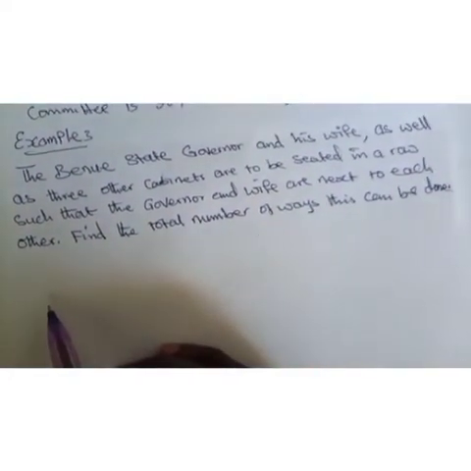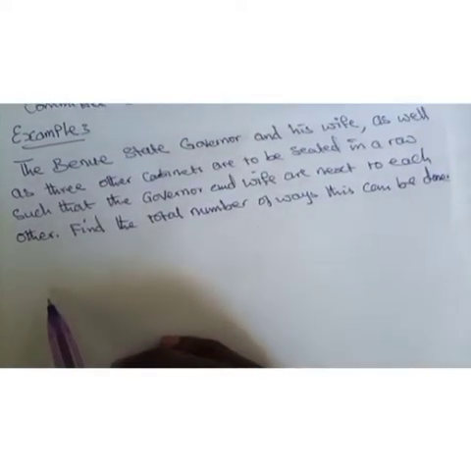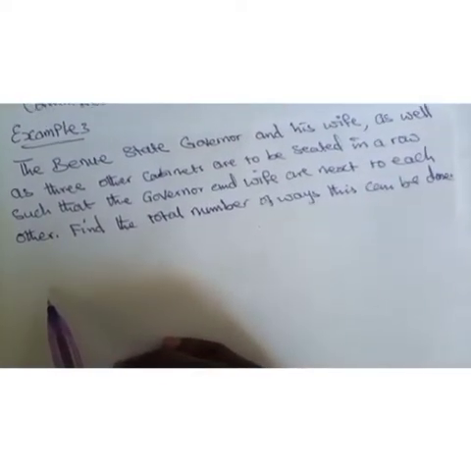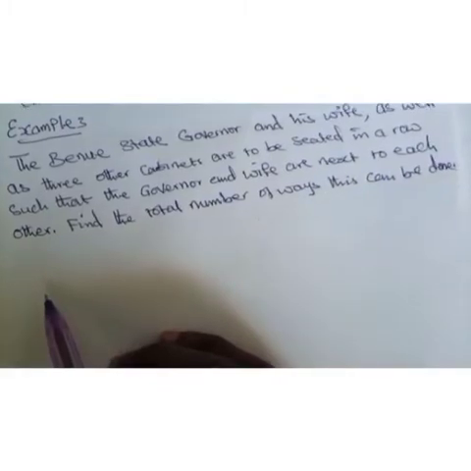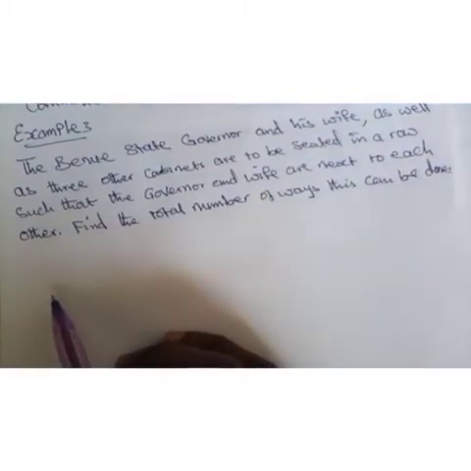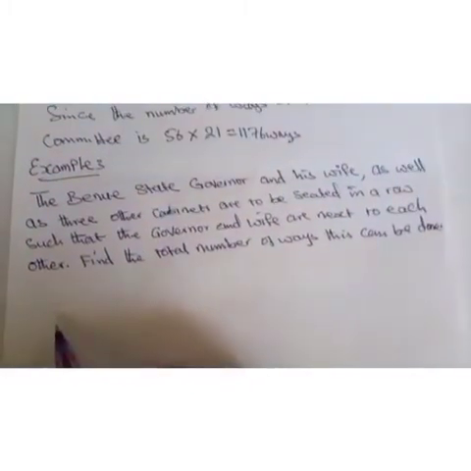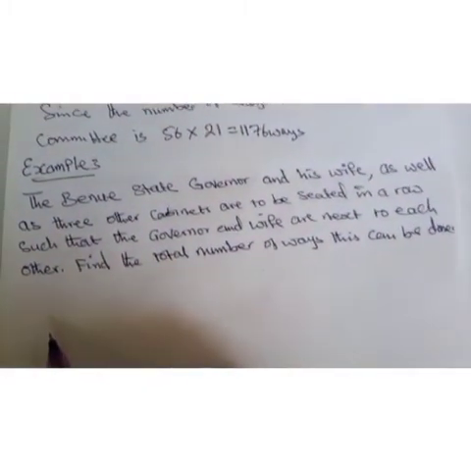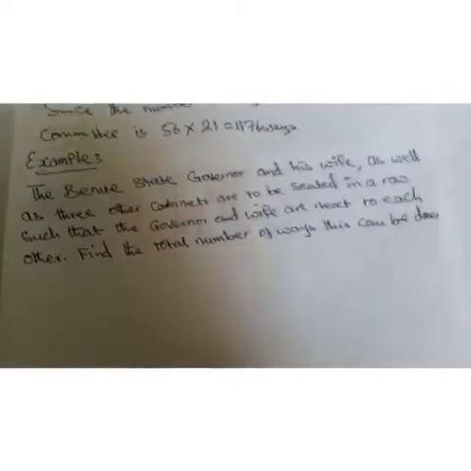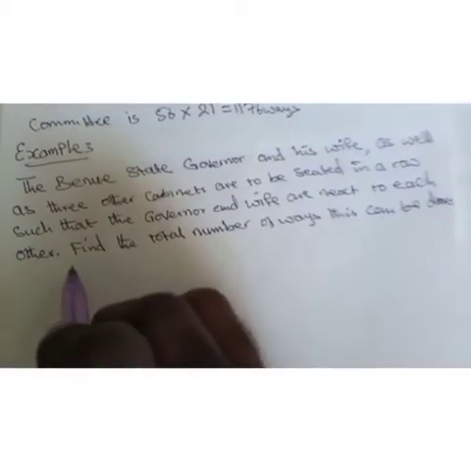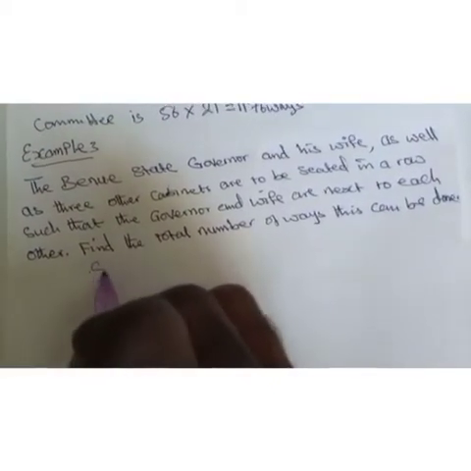So either the governor's wife will sit at the left hand side of the governor, or the governor's wife will sit at the right hand. That means there are 2 ways of sitting for the governor and the wife. So that is the solution.